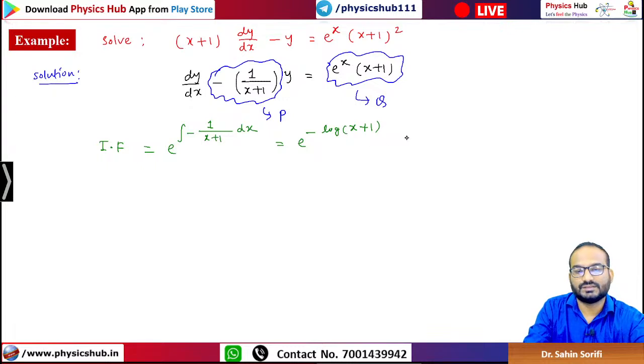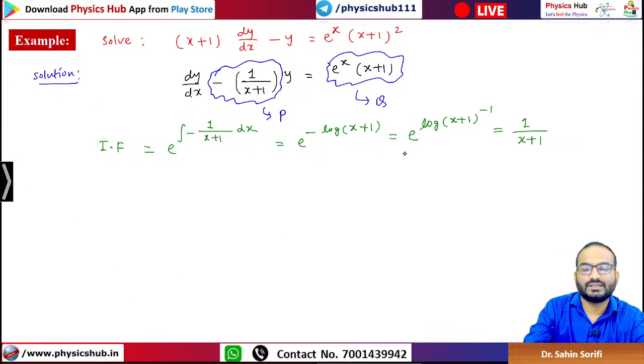In mathematics generally we use log, and when we deal with physics we write ln. This minus 1 is taken above, and e to the power log x equals x, so this will become 1 by x plus 1.